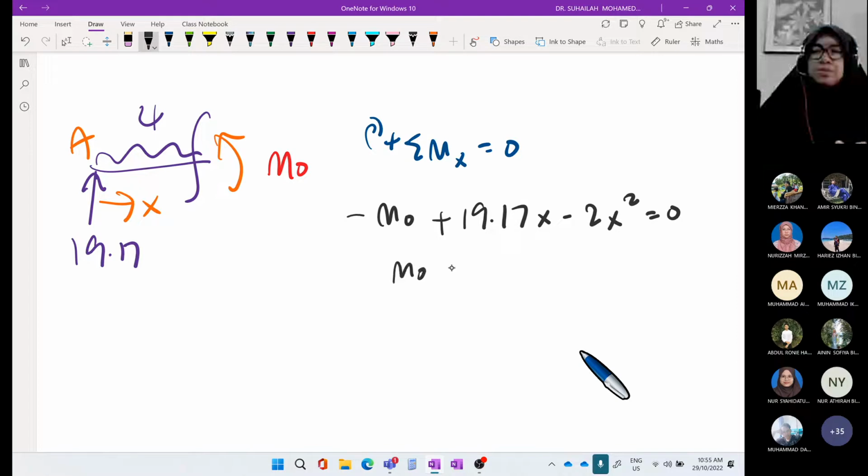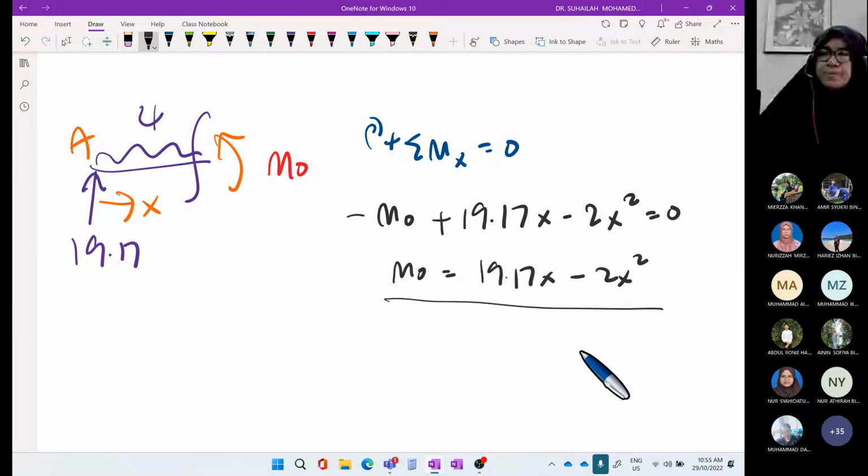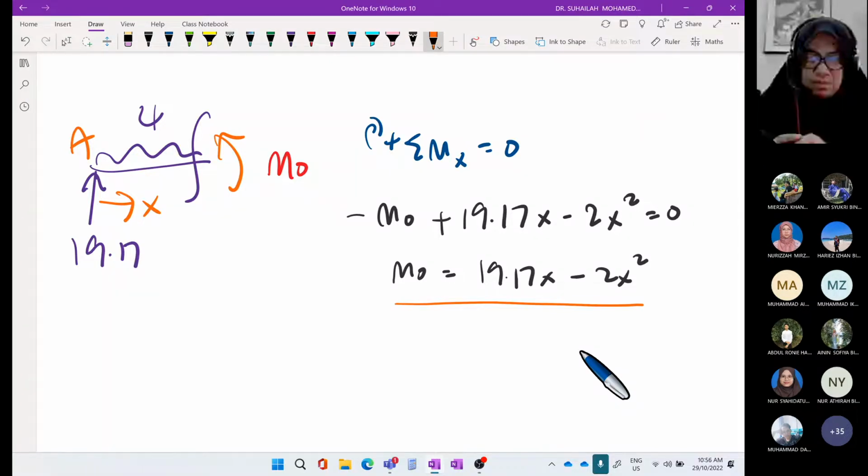It is 19.17x minus 2x square. Is it the right equation? Please check. It is 19.17 times x, it is positive. 4 times x over 2, it is 2x square. Okay, M we bring to the other side, so it is M naught equal to 19.17x minus 2x square. Is it the correct one? Yes.